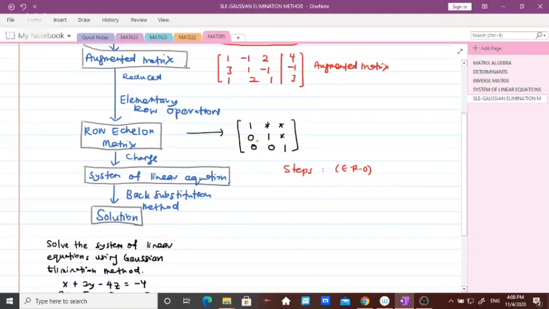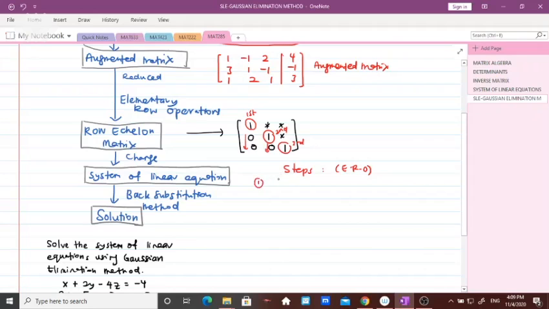Our target here is to find the leading ones. If we look here, we have the first leading one, then below the first leading one is 0 and 3. This is the second leading one, below it is 0, and then we have the third leading one.